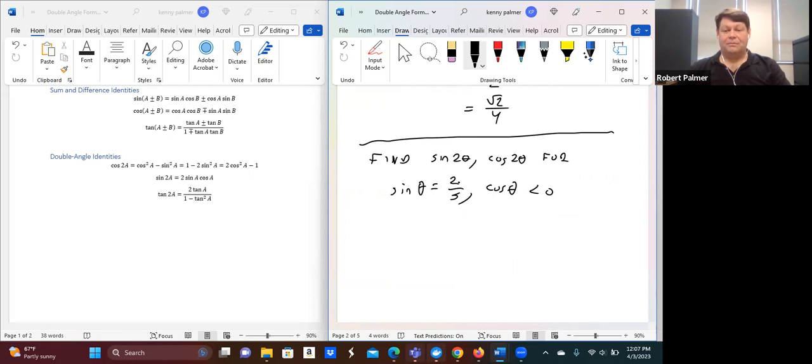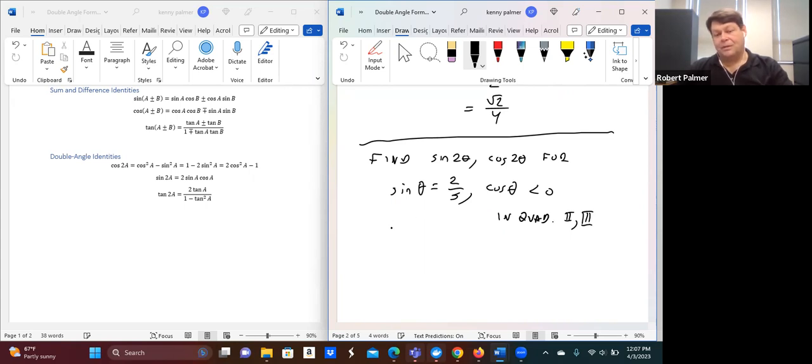We know the value of sine, but also what sign, plus or minus, it has, and also the sign of cosine. So now cosine is less than 0. Okay, where is cosine less than 0? Well, that's in quadrants 2 and 3.